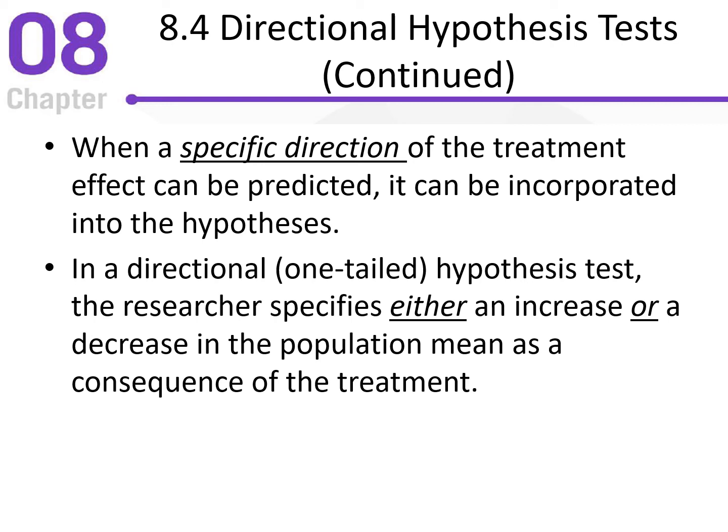Now, if meditation increases anxiety, I won't be able to find that effect with a directional hypothesis. So I'm only looking at decrease. I can't look at either one. If I want to look at both increase and decrease, I want to use a non-directional test. If I know with 100% certainty that it's going to go in one direction or the other, increase or decrease, then I can use a directional test. But if you're not 100% sure, play it safe, use a non-directional test.